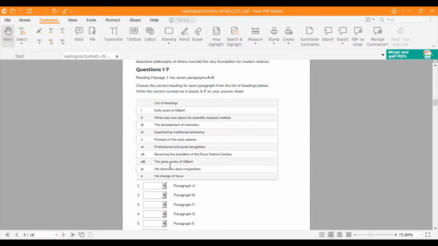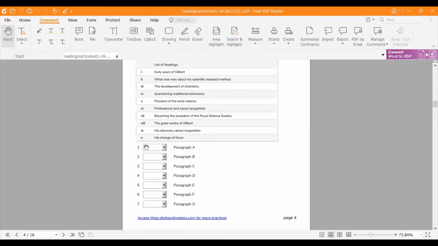In order to understand what I mean by headings, you see it like this. As you can see, these are the headings, and you have 1 up to 10. So you have 10 headings. How many paragraphs do you have? You have 7 paragraphs.